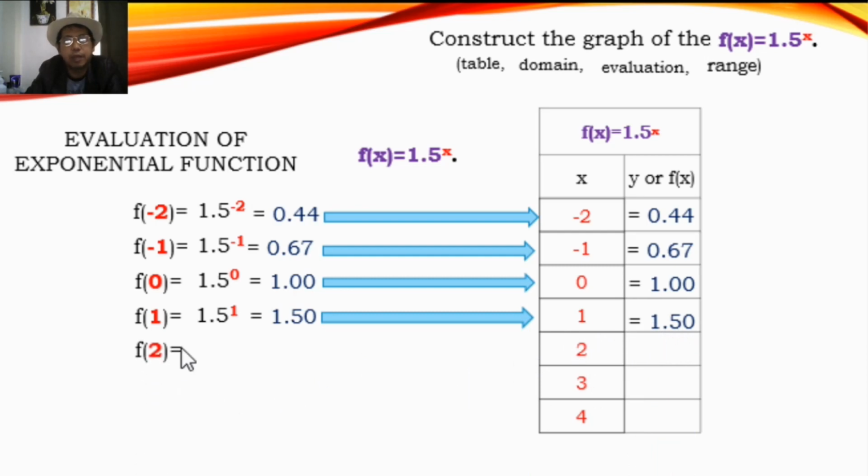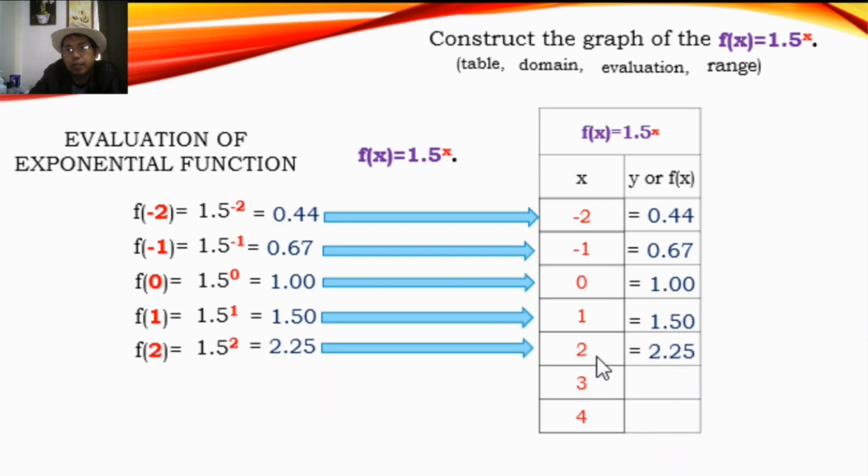What about if my x is 2? So I will be having f of 2 is equal to 1.5 raised to 2. It will give me a result of 2.25. And where is my point? My point is located at (2, 2.25).